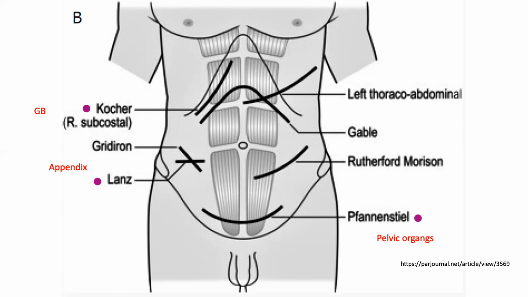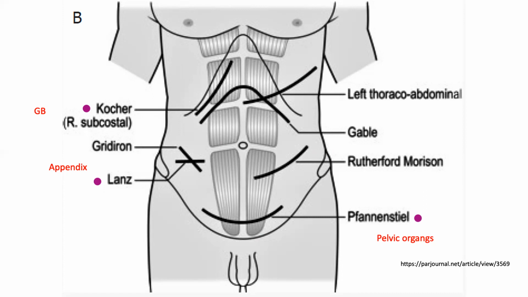These are just examples. For example, the Kocher incision, which is in the subcostal plane, will get access to the liver and gallbladder. The gridiron or Lanz incision will get access to the appendix, which is in the right lower quadrant, and so on.